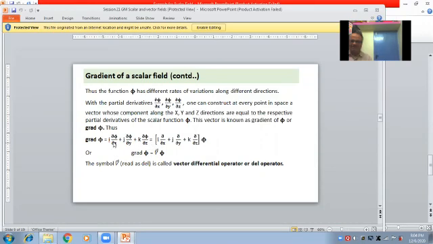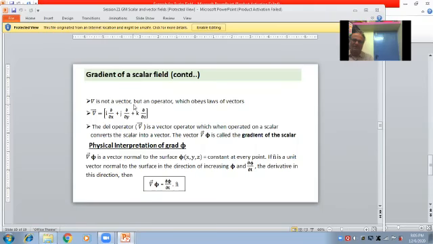Then separate the phi, take it out as it is common, and write whatever remains, excluding this phi. This quantity is represented as del, and the symbol del is called the vector differential operator, or simply the del operator.